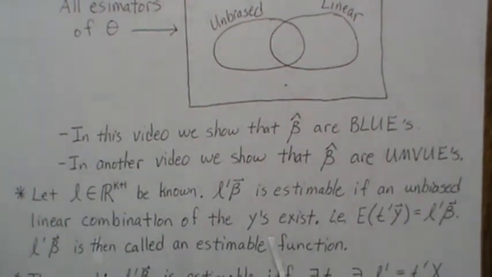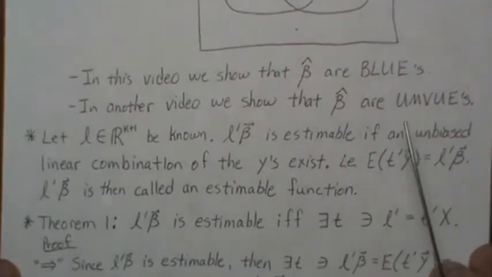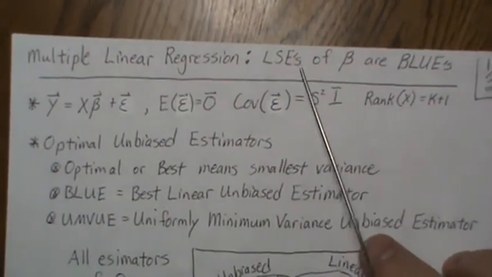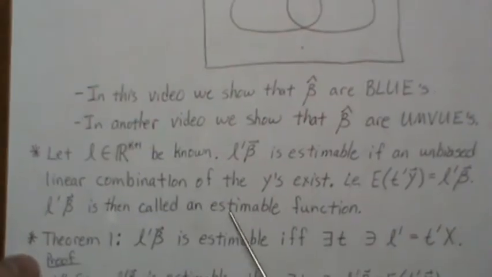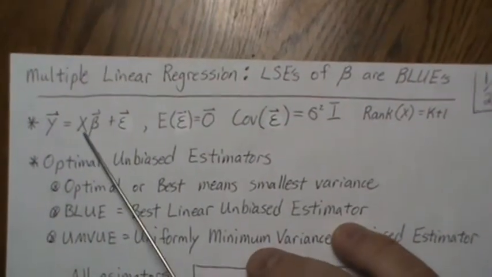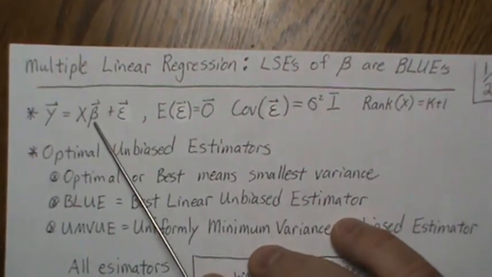If this is true, then L prime beta is called an estimable function. When they introduce the Gauss Markov theorem, or show that the least squares estimates are BLUEs, they don't talk about estimability, because it turns out that when you have full column rank, all these betas are estimable.